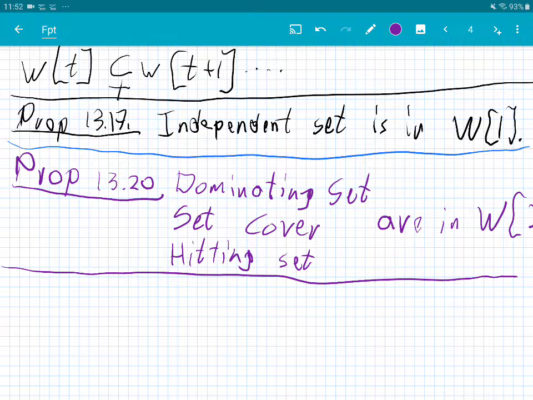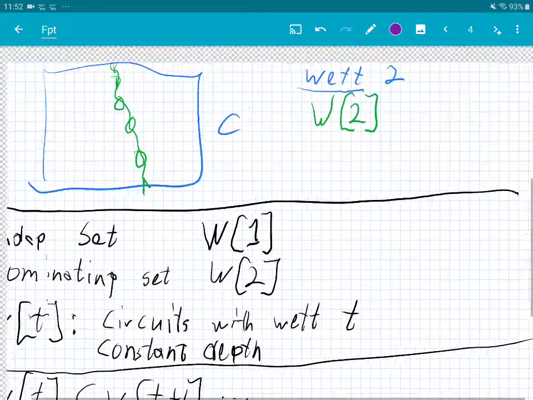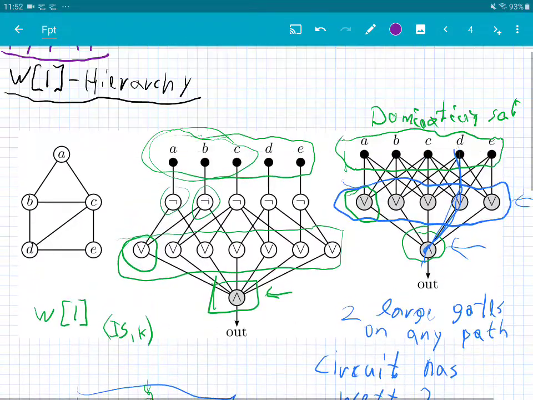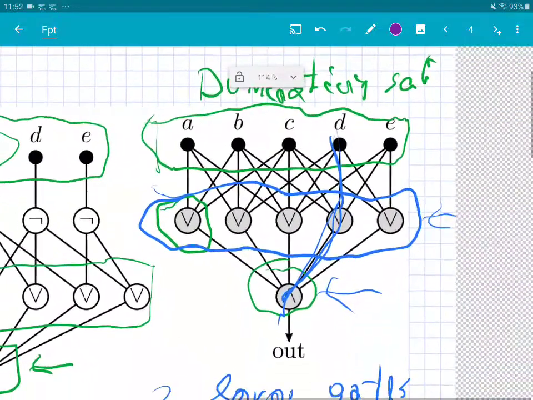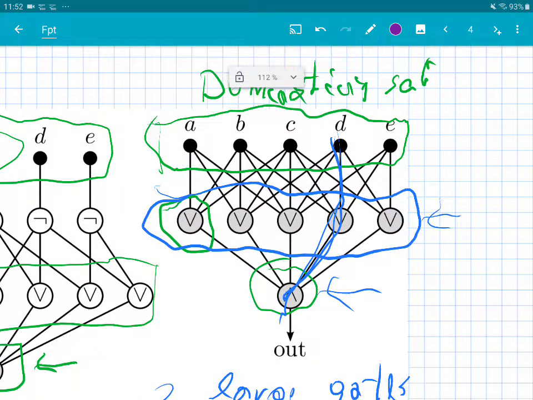And it's not hard to see that also set cover and hitting set are in W2, because it's essentially the same problem. Hitting set and set cover are the same problem up to replacing the interpretation of sets and elements. So they're really the same problem. As for dominating set, just look at the circuit for dominating set and observe that the same circuit can essentially be used for set cover, right?